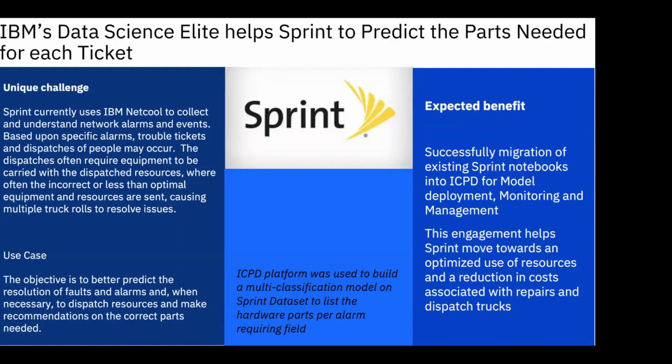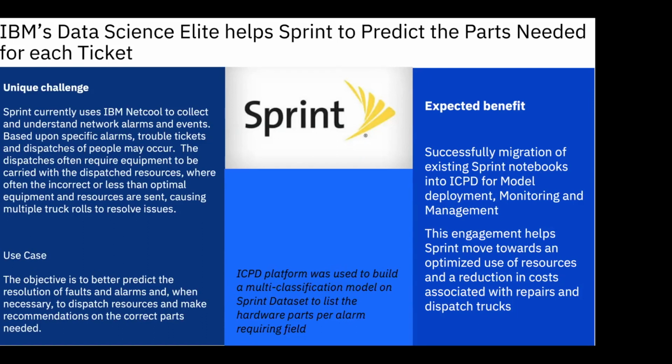One of the customers that I recently worked with had some challenges identifying the parts needed to fix a problem. Based on the tickets and alarms that were ingested, mostly in text format, the goal was to predict the parts needed for the fix. So in this case, we used historical information and built a multi-label classifier to tackle this problem.